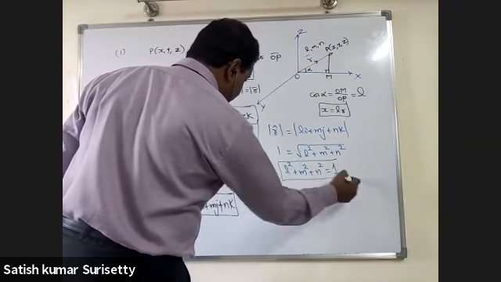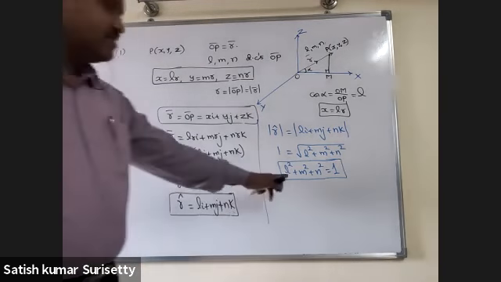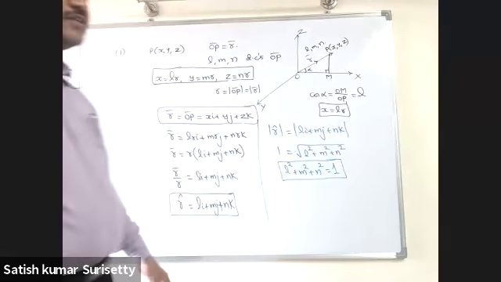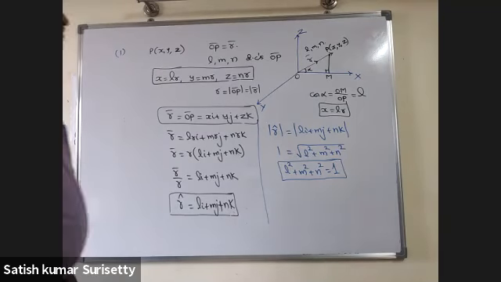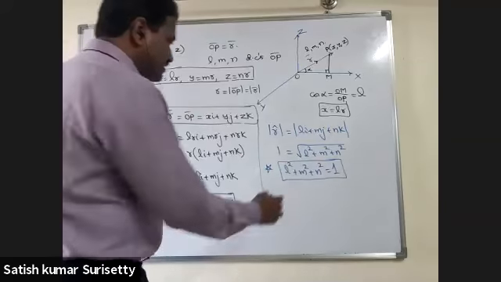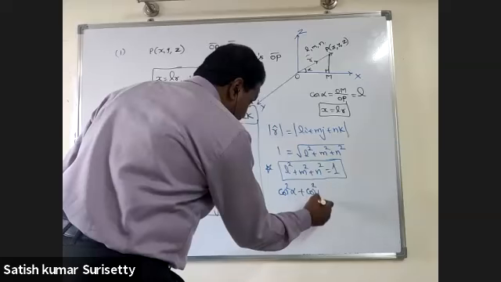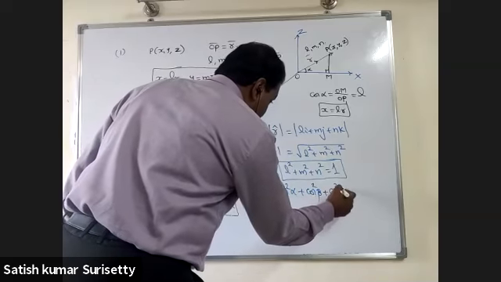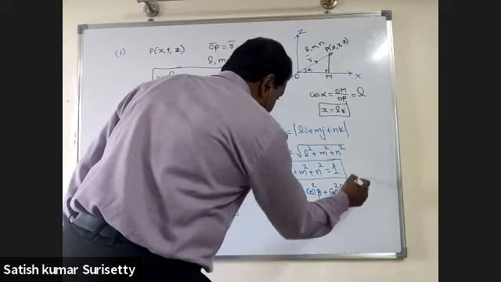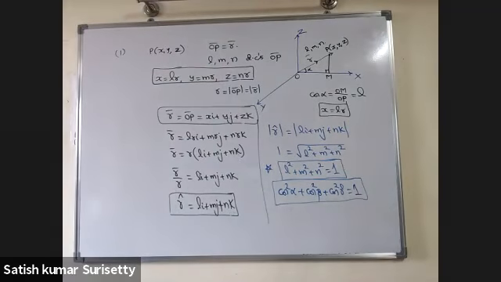That is the relation between the direction cosines of a line: the sum of the squares is always equal to 1. Now replace L, M, N with cos functions. That means cos square alpha plus cos square beta plus cos square gamma equal to 1, where alpha, beta, gamma are the direction angles.